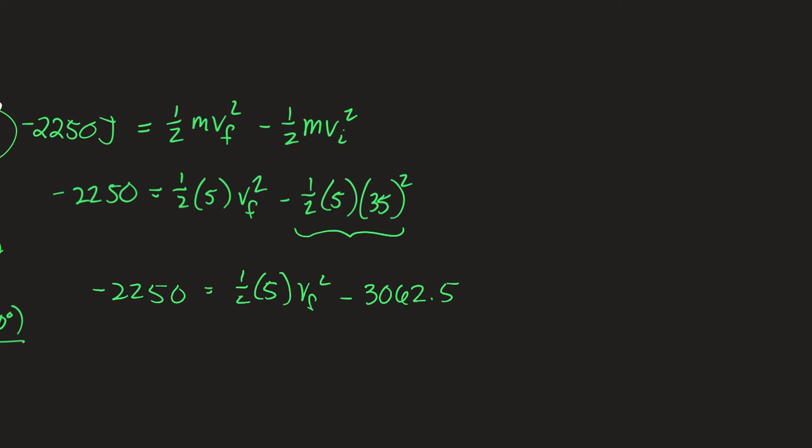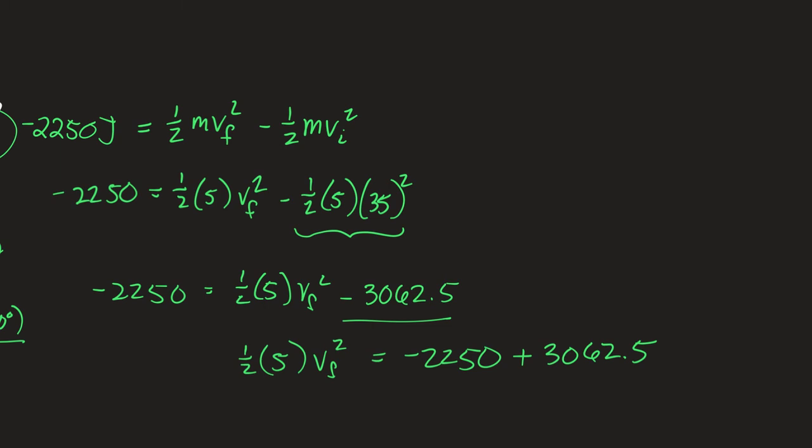Okay? So what you had to do, of course, was get this to the other side. So we'd have 1/2 m v final squared equals negative 2250 plus 3,062.5. I'm just writing that on the other side because I'm out of space.